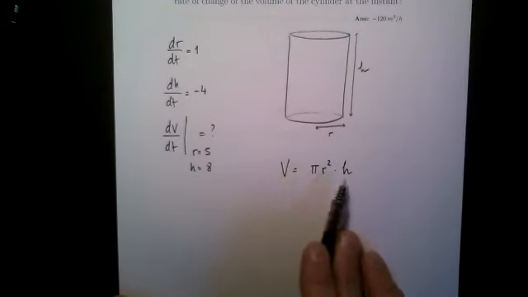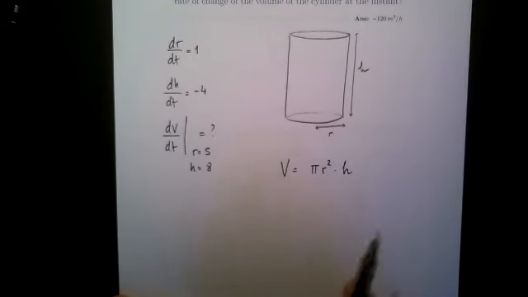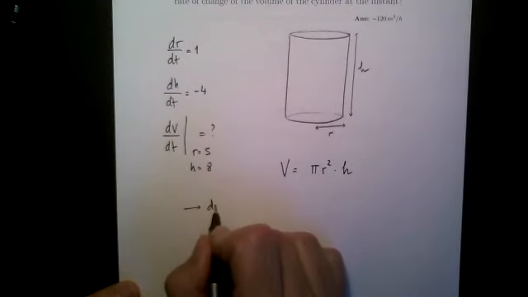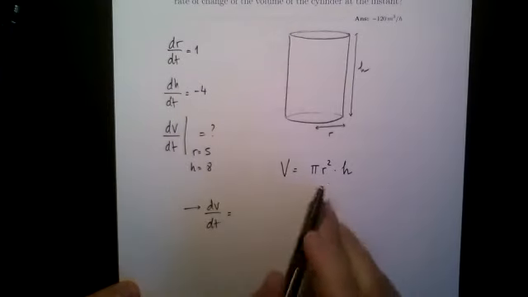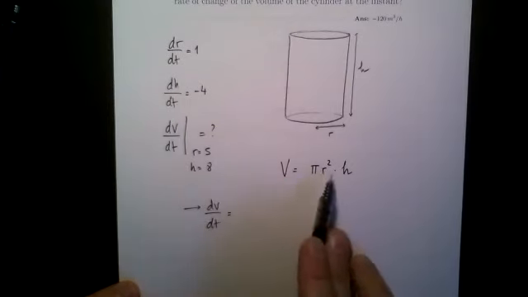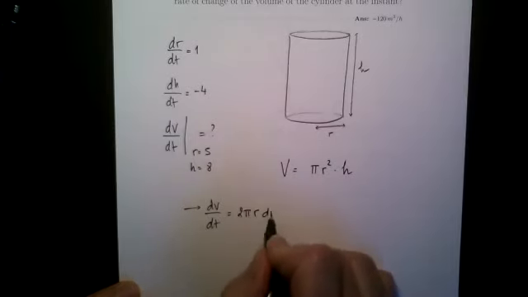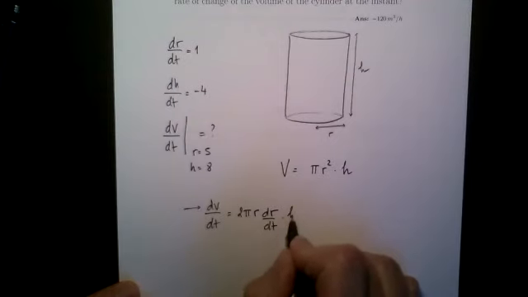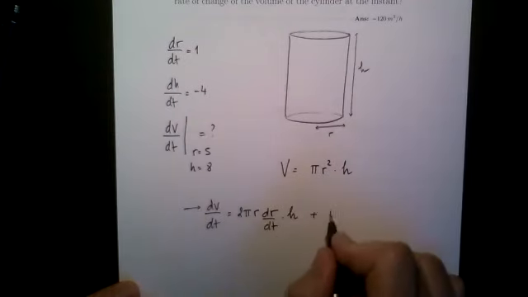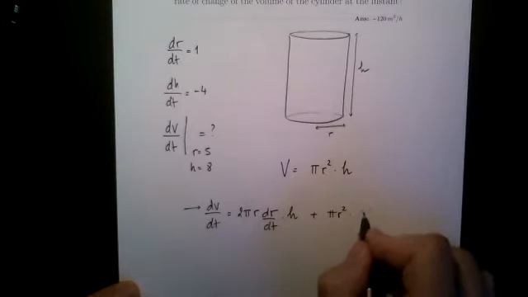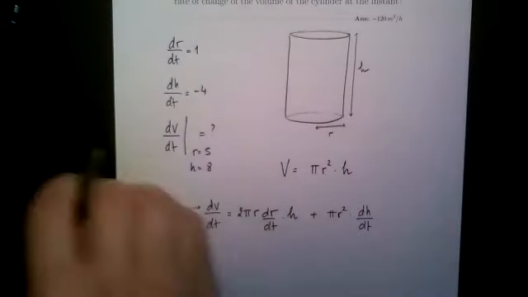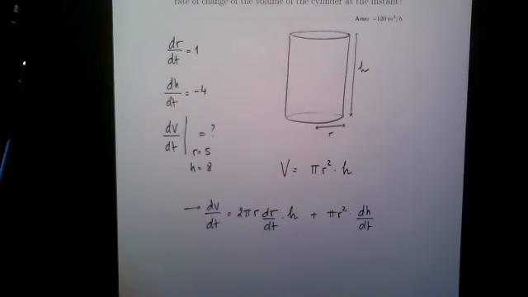We derive both sides with respect to t, so dV/dt is equal to, be careful now, we have a product rule: the derivative of pi r squared, so 2 pi r dr/dt, times h, plus pi r squared times dh/dt. Don't forget to use the product rule.